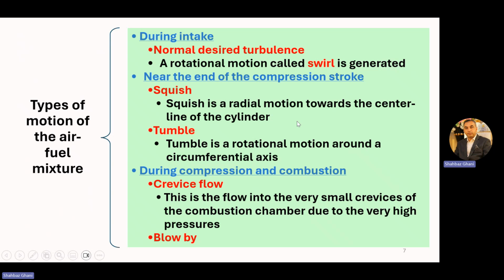So the motion of the molecules of the air-fuel mixture coming from the outer periphery to the inner center line of the cylinder is known as squish. Tumble is the rotational motion around a circumferential axis. Only when we have a clearance volume, near the clearance volume, do we have this tumble motion.